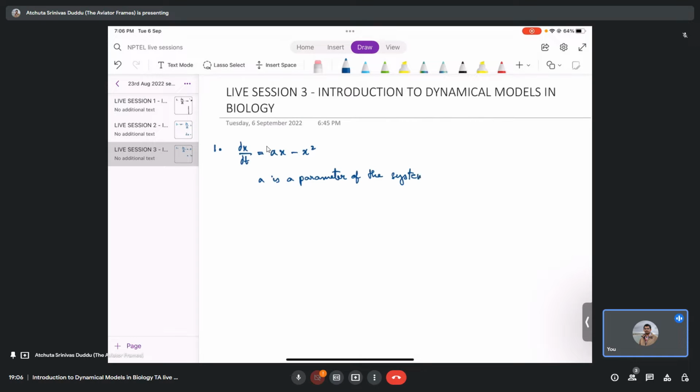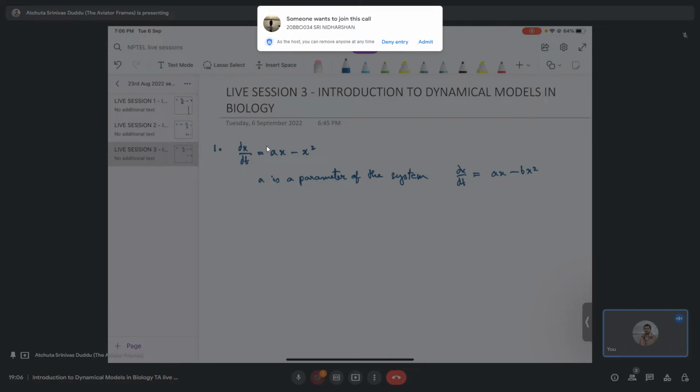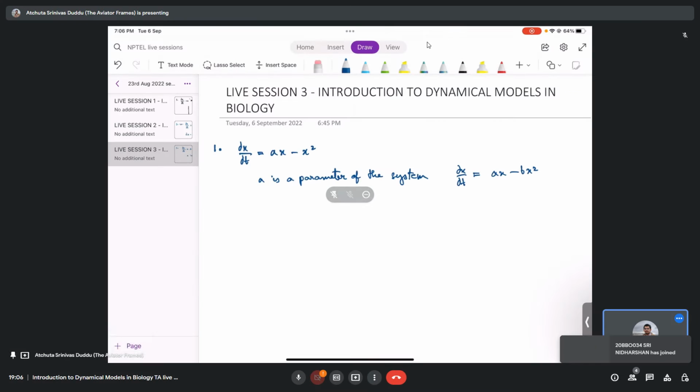If suppose we had two parameters, for example dx/dt = ax - bx², then a and b both would be parameters. How the system changes with respect to a and b would be different, but that is essentially what a parameter means.